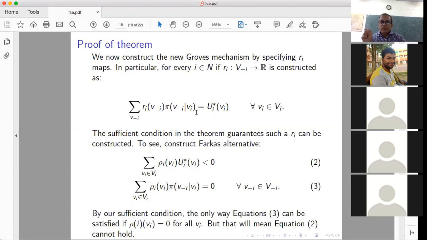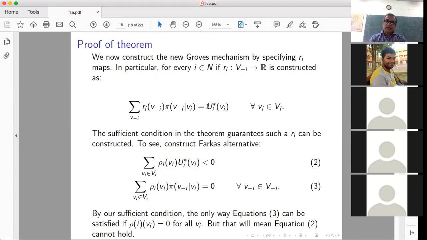So if you're type v_i, the participation fee that you're going to pay is R_i(v_-i), and the probability that others have type v_-i is pi(v_-i | v_i), given that your type is v_i. Hence, this is like my expected participation fee.